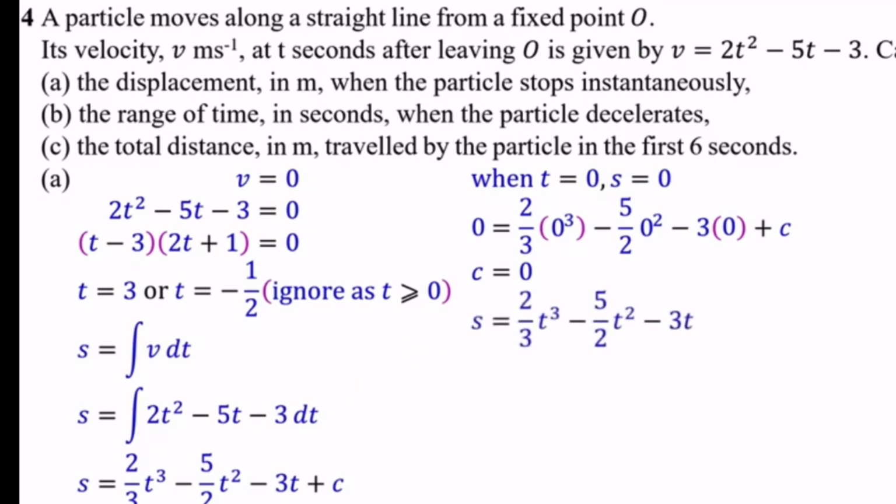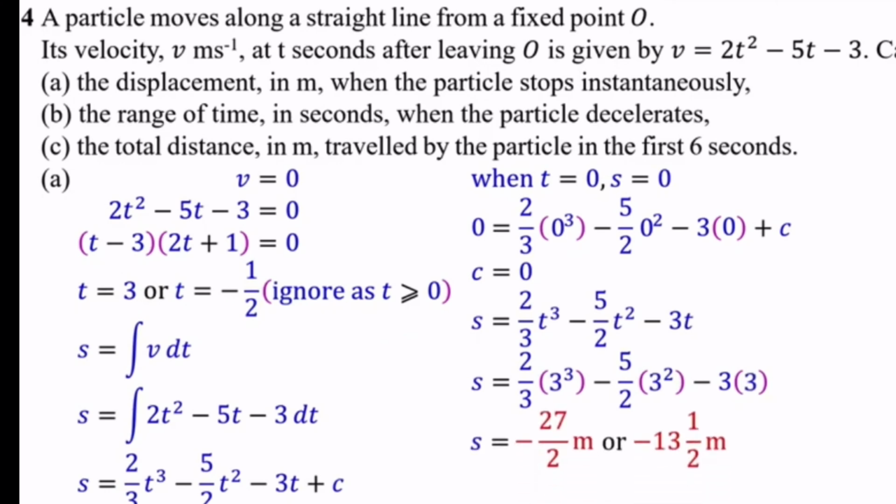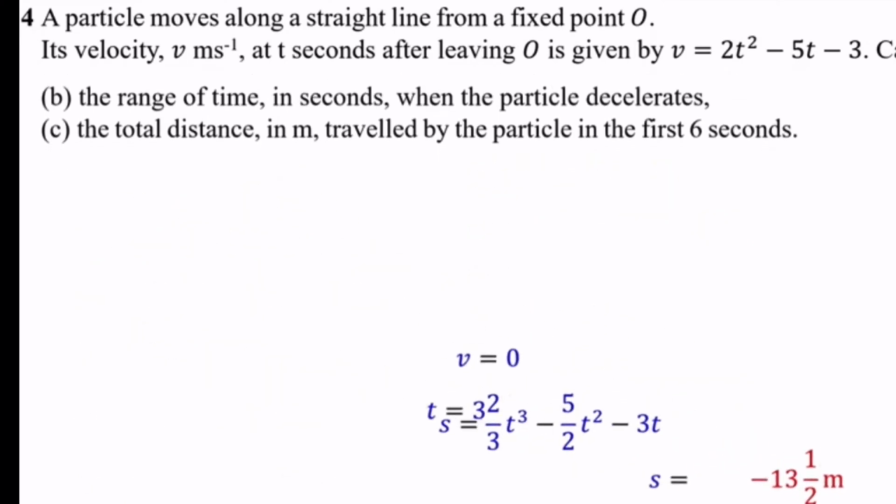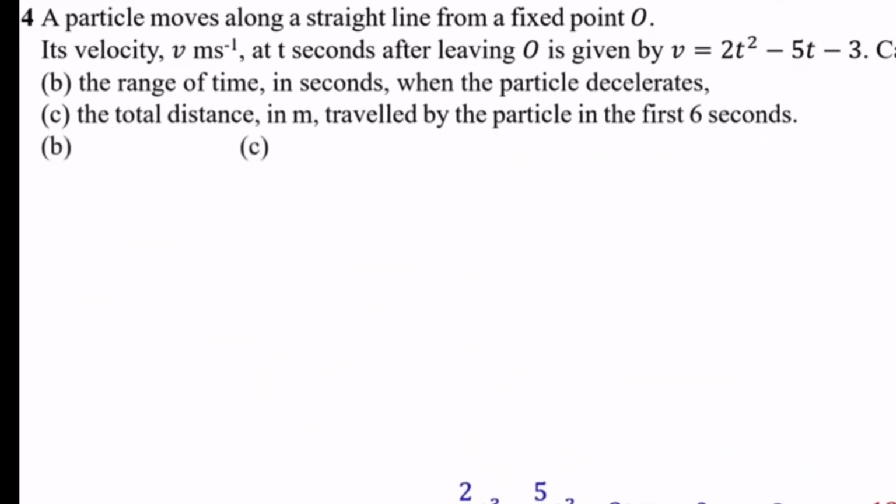With the displacement function, we can substitute t equal to 3 and find the displacement when t equal to 3 seconds. So the displacement is negative 13.5 meters. So this is actually to the left of the fixed point O.